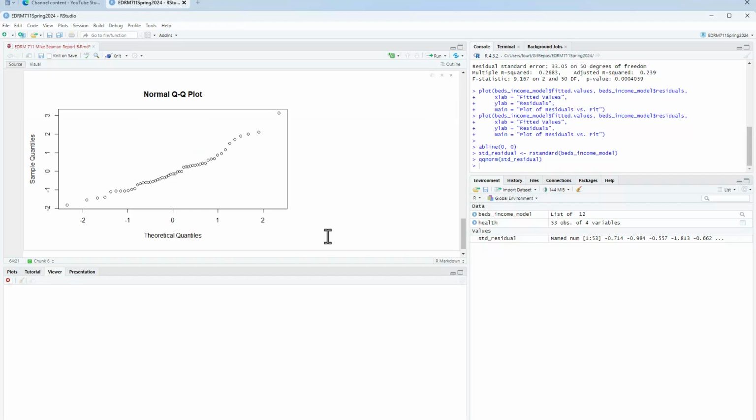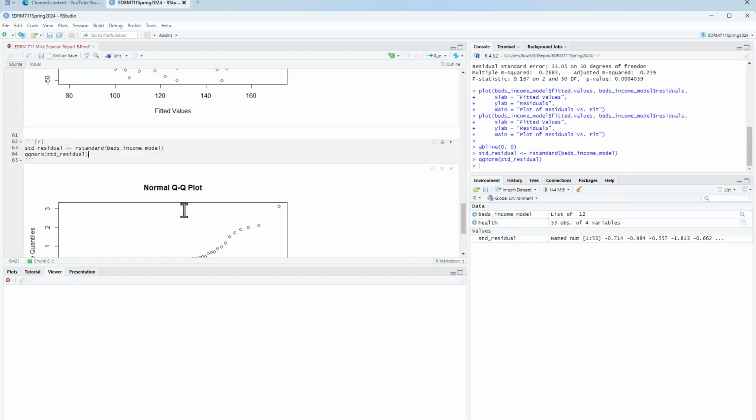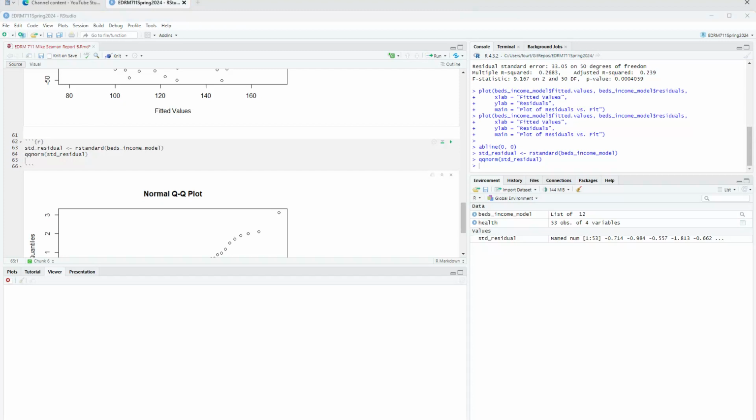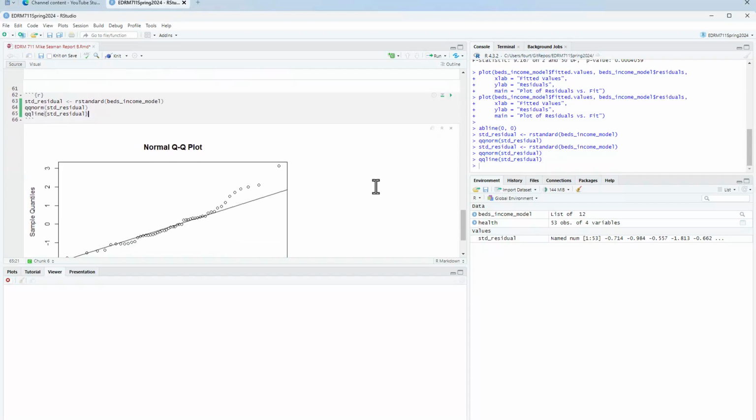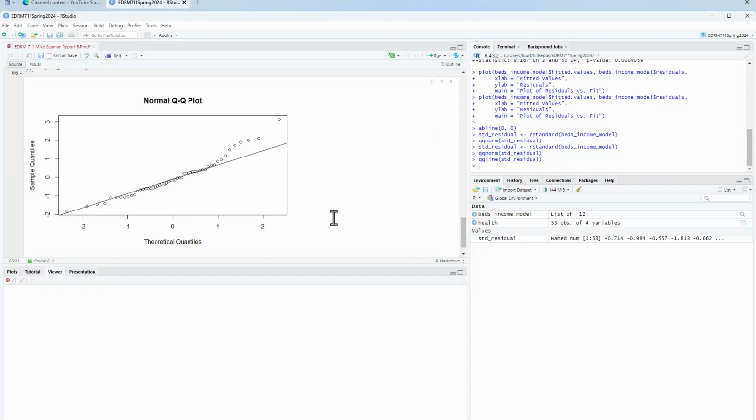Now, one final thing that will make it easier for us is to put a line up through there. We're going to use a quantile line. That's a qqline command, and it will superimpose a line on that graph. All right, now we've got to talk about what this means.